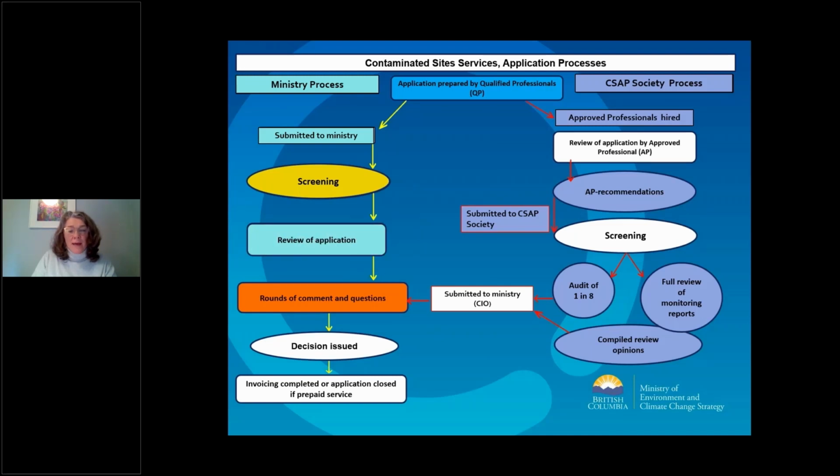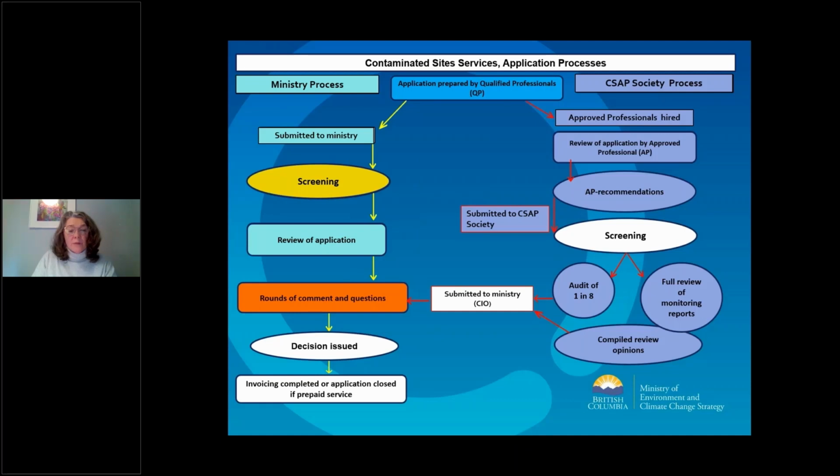Conversely, non-high-risk applications such as preliminary and final determination of contamination from a qualified professional are reviewed by an approved professional. In this way, a recommendation to the ministry statutory decision maker comes from the CSAP Society.